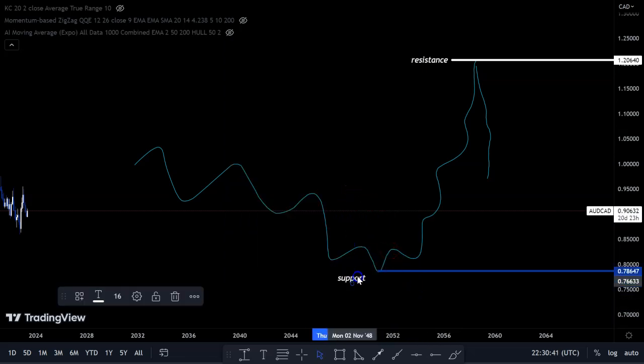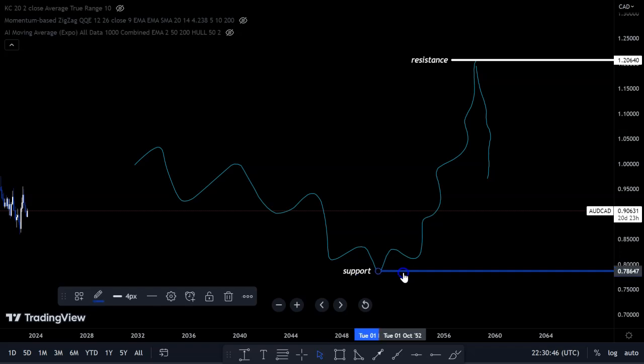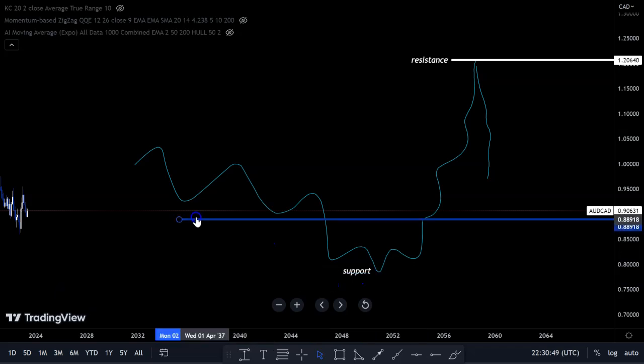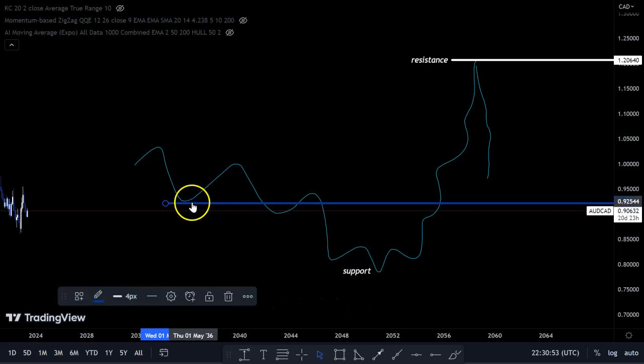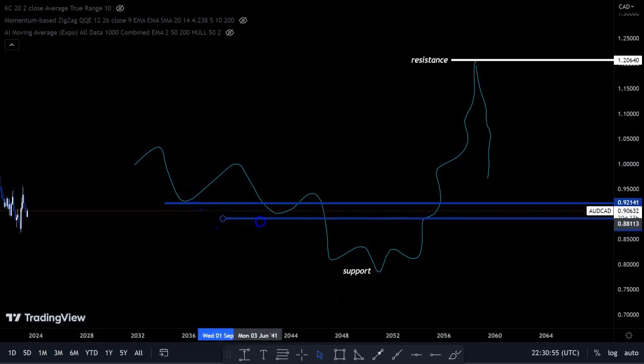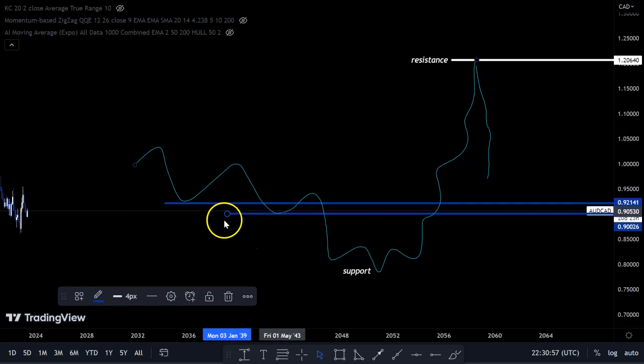So this is your support and that is your resistance. So this is another support over here. This is another support over here. Anything that supported the price to go up. Why is this a support? The price went up off of this support.